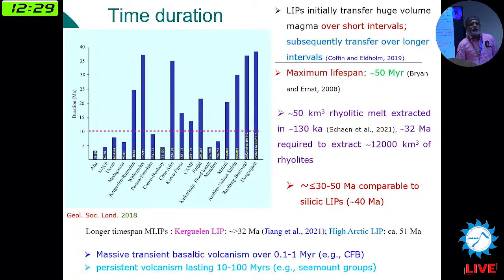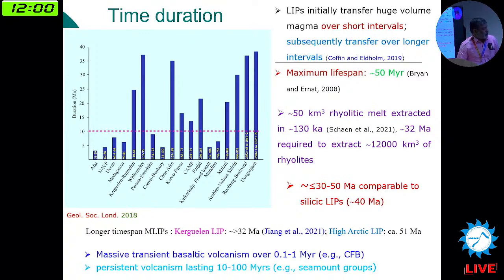A couple of years ago, we compiled some data from the well-known LIPs across the world. And of course, within 10 million years, most of the provinces are there. But there are also some provinces showing a peak of more than 10, going to 30, 40 like that. And silicic provinces were identified that could be 30, 40 million years. Even longer time spans are coming from LIPs.